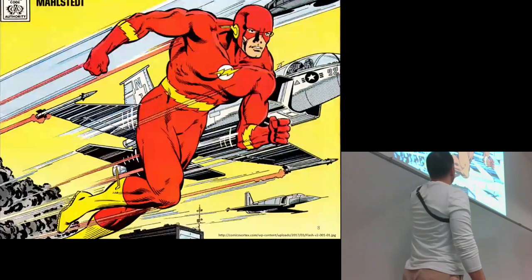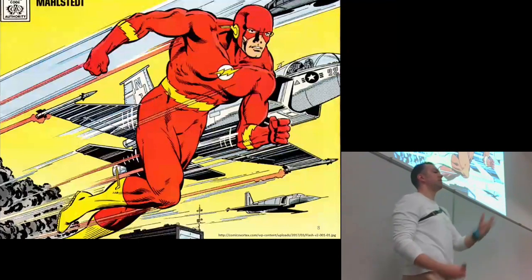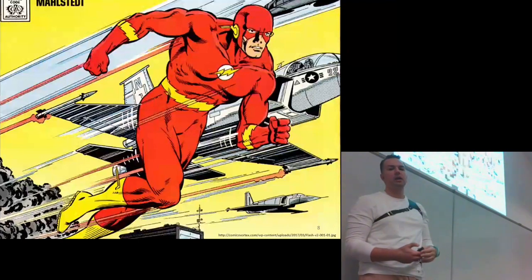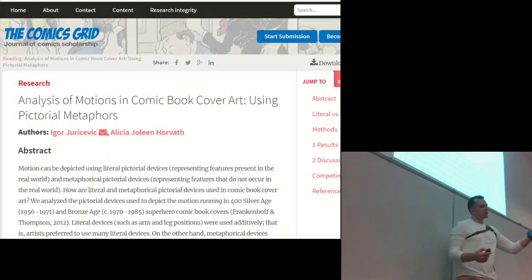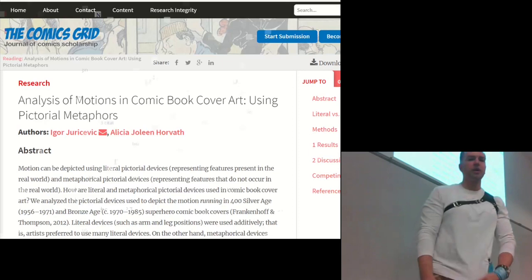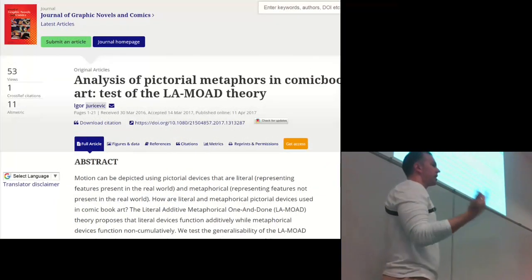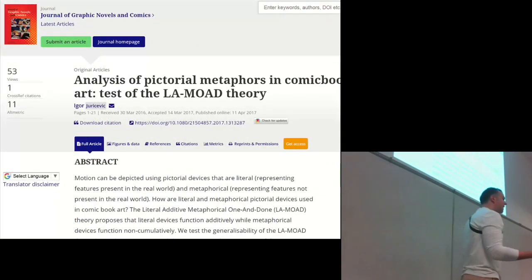And we did an analysis of how these pieces of information are combined. That was published in Comics Grid, Journal of Comic Scholarship. It was also published in the Journal of Graphic Novels and Comics. And as it turns out, we process literal information in an additive way. The more literal information you're given, the better the image communicates motion to you.